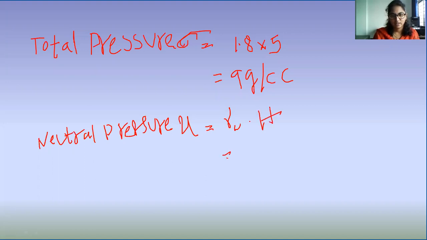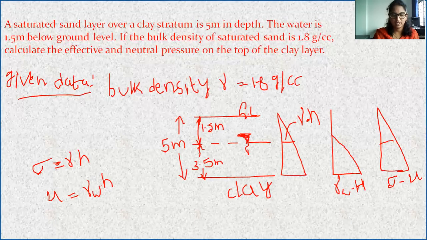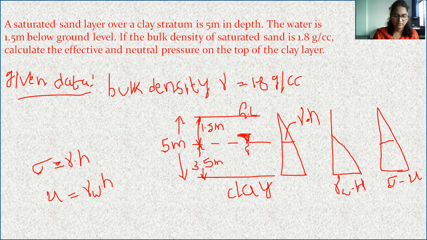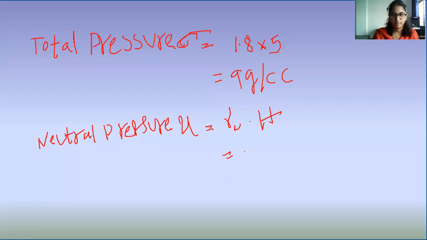Here we calculate it for the particular layer of 3.5 meters. Instead of 9.81 kilonewton per meter cube, we take 1 gram per cc into 3.5. So that is equal to 3.5 gram per cc.